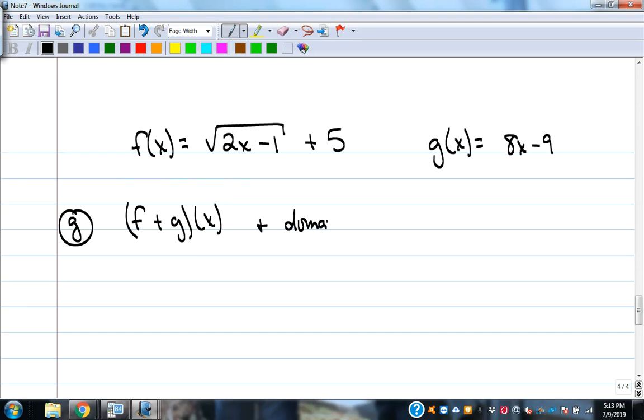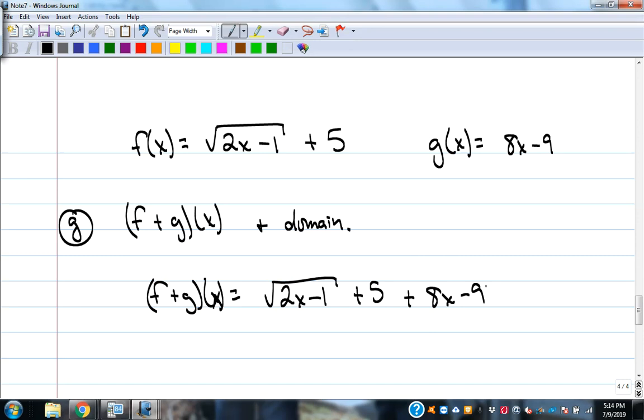So they're saying find this and state the domain of that. So we're going to take those two functions and add them together. So the square root of 2x minus 1, and the plus 5's on the outside, plus 8x minus 9. That square root stuff can't combine with anything else because nothing else is underneath the square root. So it's just going to be part of the answer.